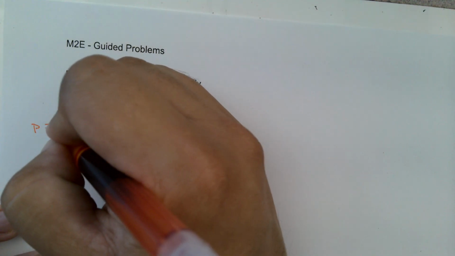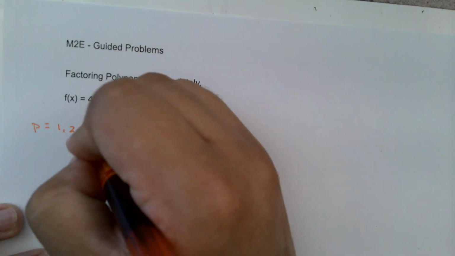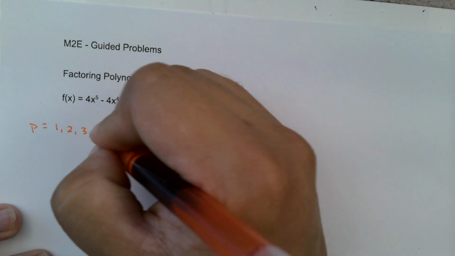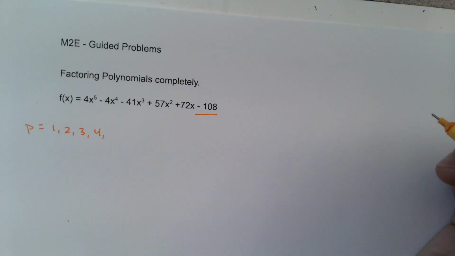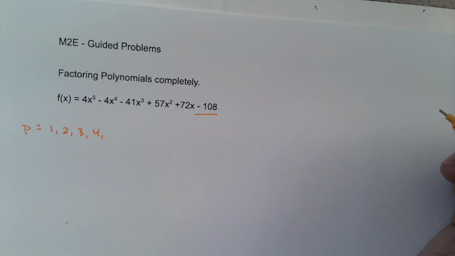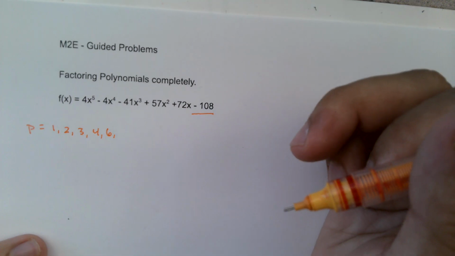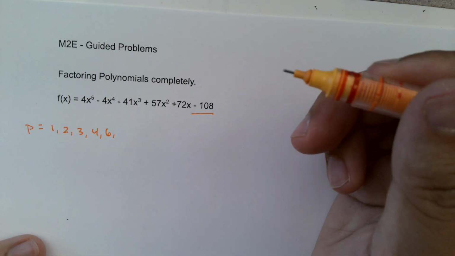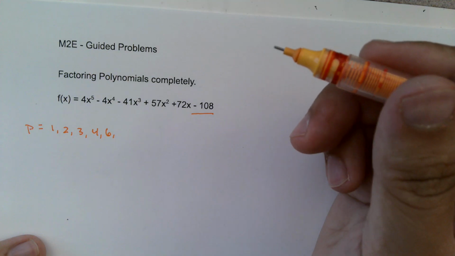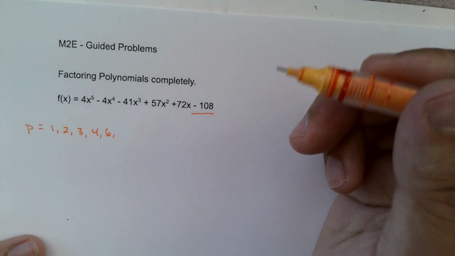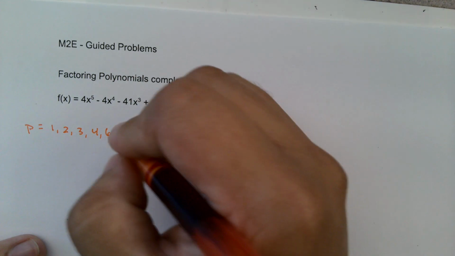There's 1, there's 2, there's 3, there's 4, there's 6. 6 times 18 is 108, yes. 7, 70 plus 38 is not 108, so no. 8, 80 plus 28, no. 9, yes.